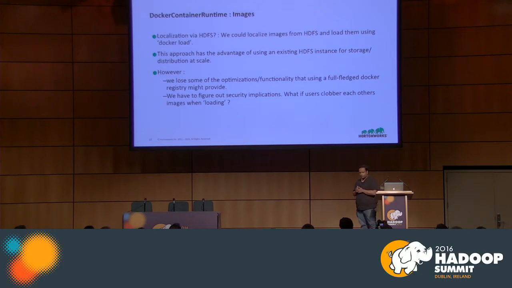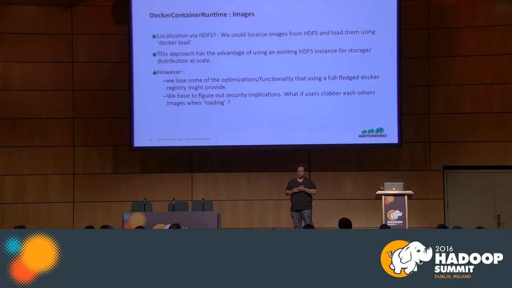All right, images. This is one area where there's not a lot of work that's been done yet. There are several approaches that we could take here for localization of images. One of them is HDFS, where each application could point to an archive, say on HDFS, and say, download this and then do a Docker load so that the image is then available for that running task.